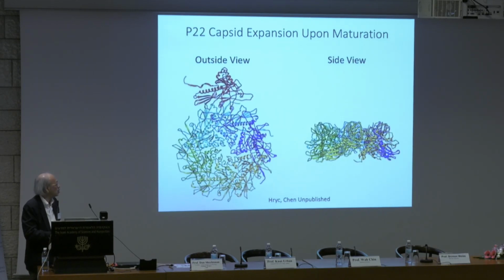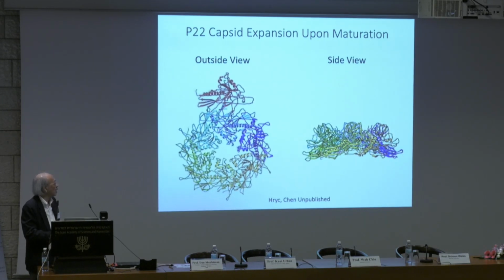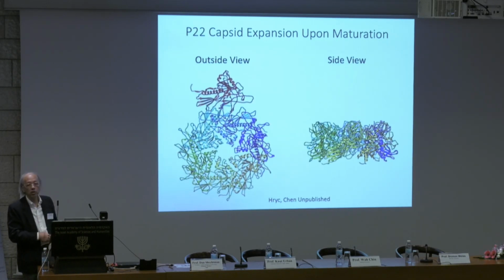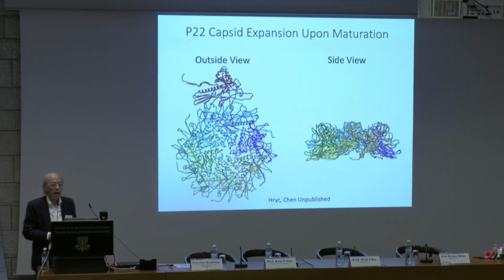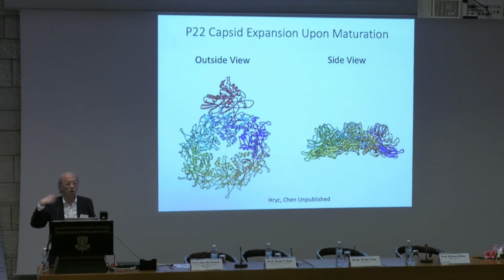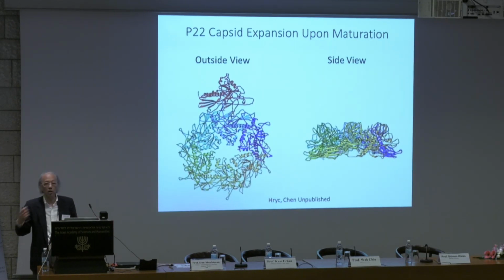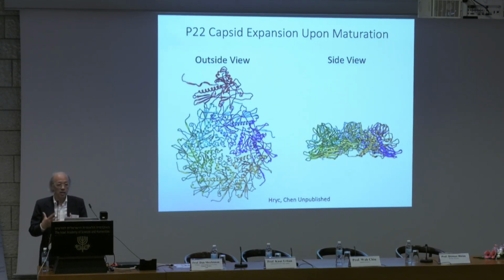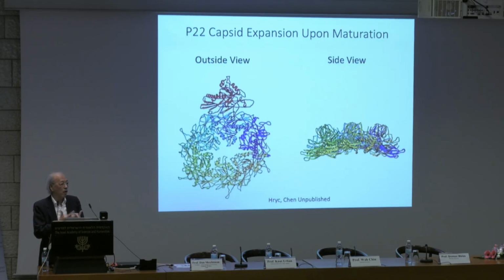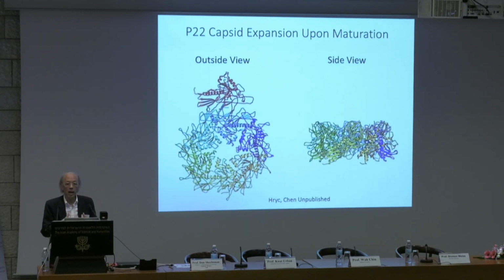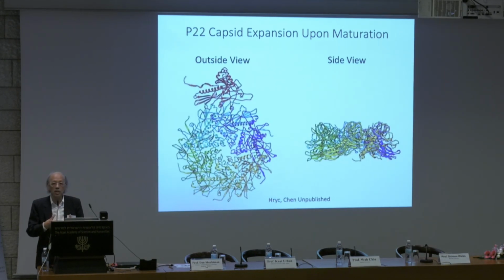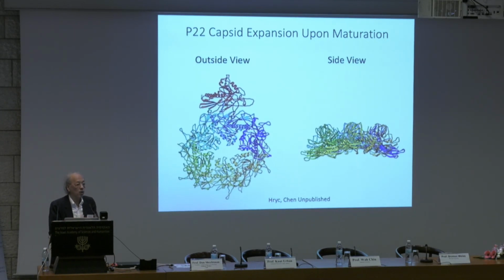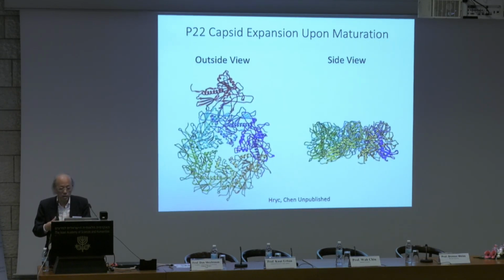So this expansion to a bigger diameter while getting thinner involves multiple conformational changes of the polypeptide, not just a hinge motion or a domain motion as in many other proteins you experience. Okay, so this is the second story I told you, that from the cryo-EM, we can understand the mechanisms of how the particle can transform its structure from a procapsid stage to a mature stage.